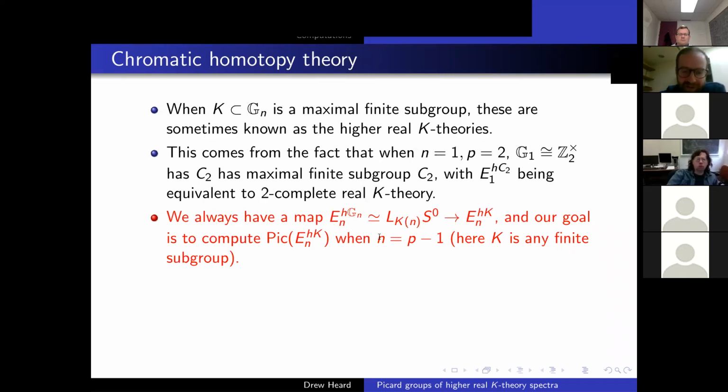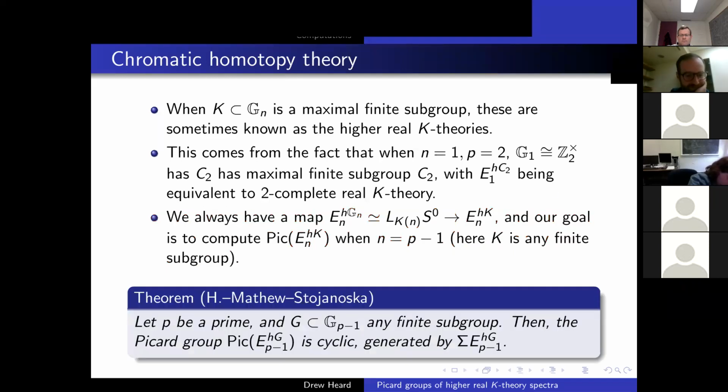The reason we fix n equals p minus 1 is that when p minus 1 divides n, this is essentially the interesting case in chromatic homotopy theory. If this is not true, things tend to collapse, and the Picard group becomes kind of boring.